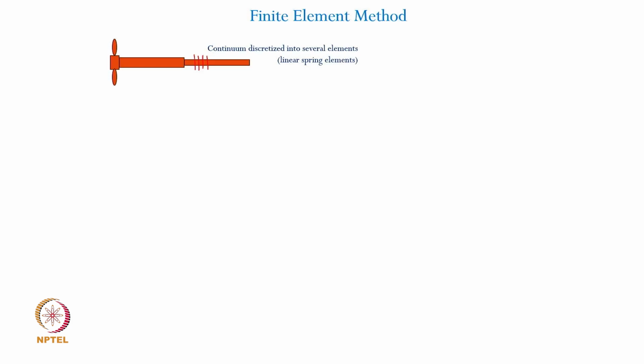So, the method here as well looks at the continua as an assemblage of several small segments interconnected to each other. In this particular discussion, we will look at this method for solving both the torsional or longitudinal vibration problem as well as a beam lateral vibration problem.